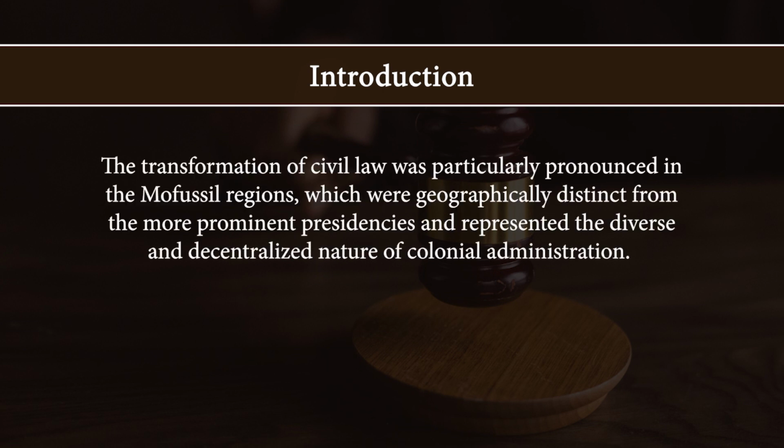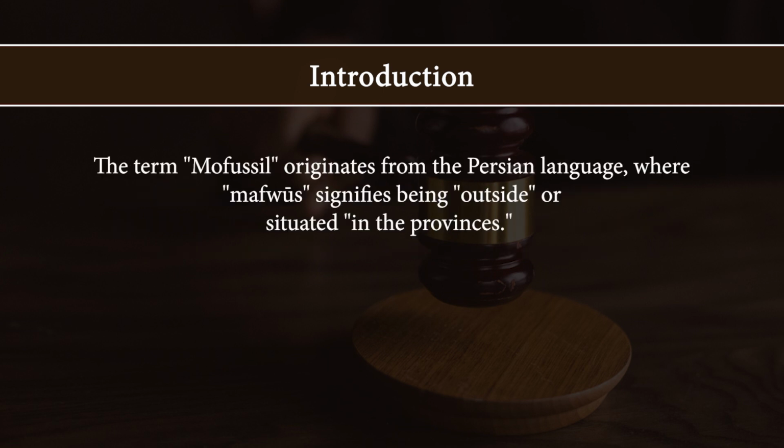The transformation of civil law was particularly pronounced in the Mofussil regions, which were geographically distinct from the more prominent presidencies and represented the diverse and decentralized nature of colonial administration. The term Mofussil originates from the Persian language, where Mafuz signifies being outside or situated in the provinces.